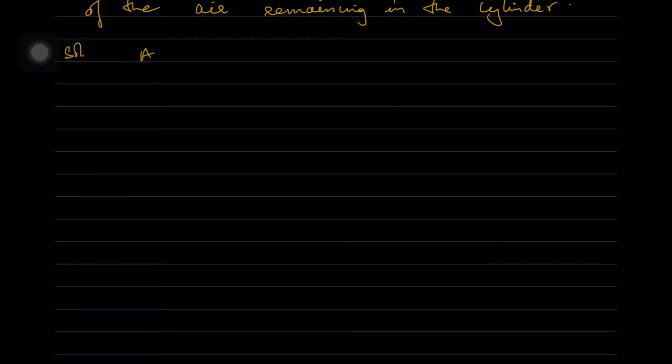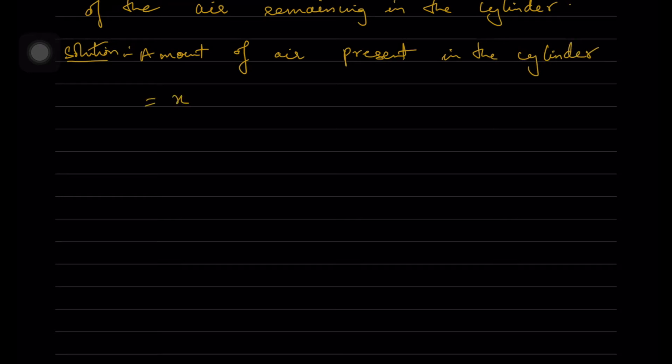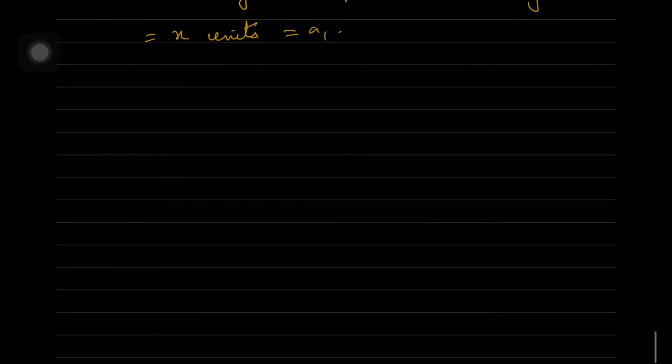So solution here, the amount of air present in the cylinder is equal to x units, which is equal to A1.